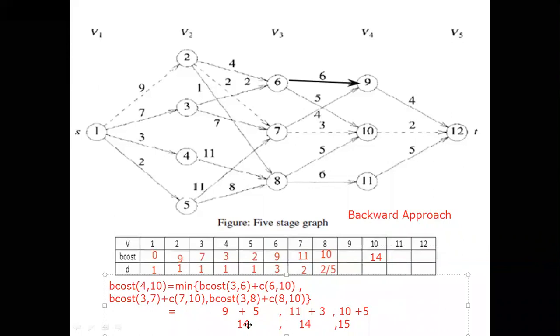Due to which vertex? Two 14s are there: one we calculated from 6, and the second we calculated from 7. That is why we write two values, one is 6 and another is 7. How to write? 6/7.